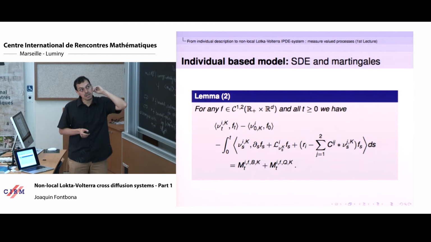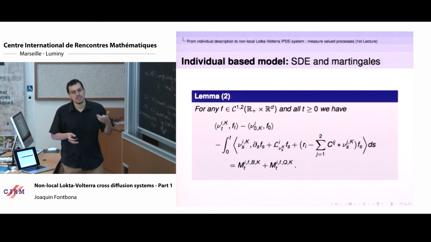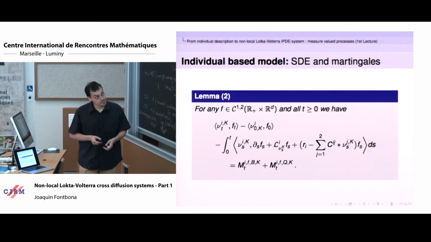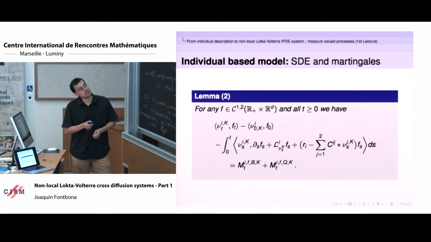Okay? So this is not hard to show with basic tools and formulas of Itô calculus. So here I'm isolating something which is a nice expression in the sense that I can understand it in terms of the measures and some kind of operators. Here I have a parabolic one.